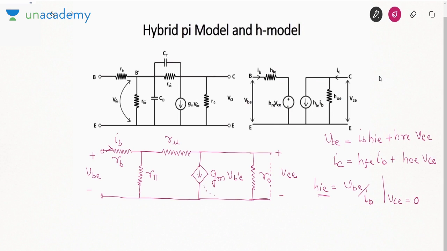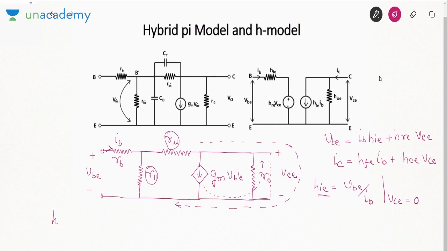The current of this current source will pass through the short circuit because current wants a path of minimum resistance. Then this r mu gets connected in parallel to r pi. See this path like this. It gets connected in parallel to r pi.